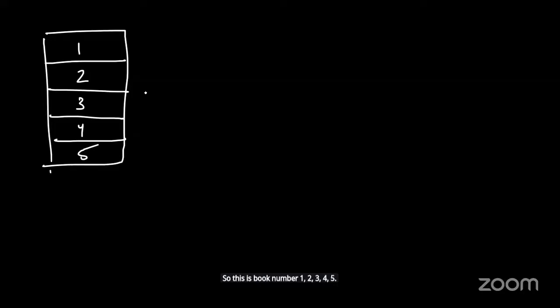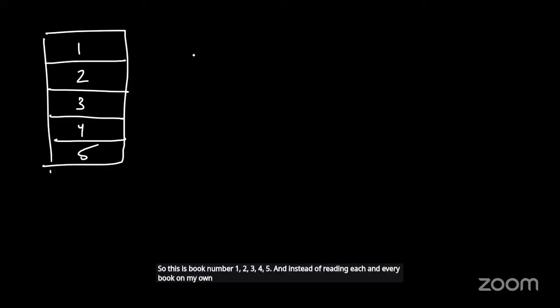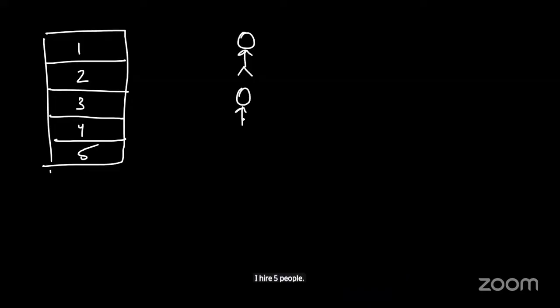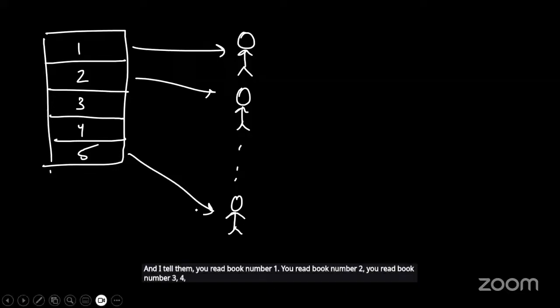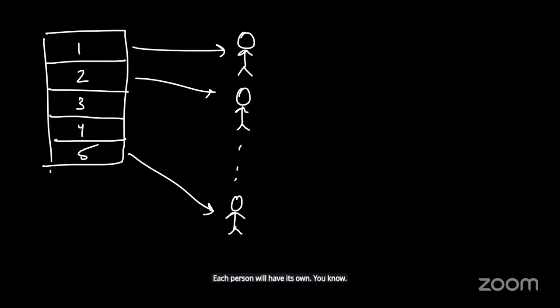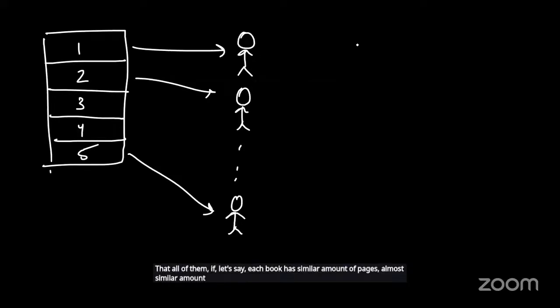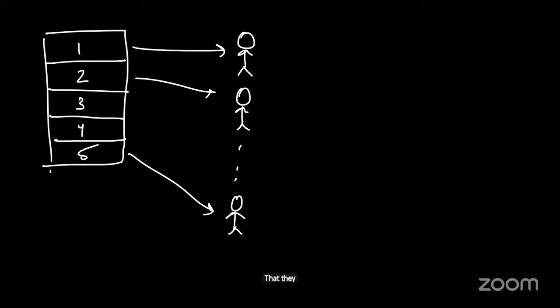And instead of reading each and every book on my own and counting how many times the word "the" came here, I hire 5 people and I tell them, you read book number 1, you read book number 2, you read book number 3, 4, 5, like this. Each person will have their own book, and the chances are that all of them, if let's say each book has almost similar amount of pages, will finish the task at a given point in time.